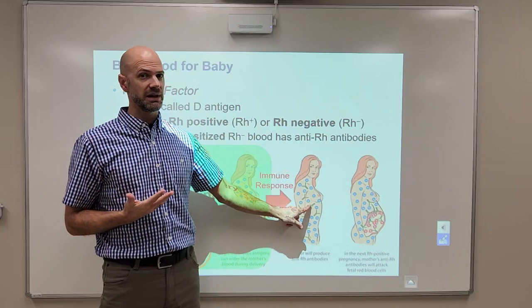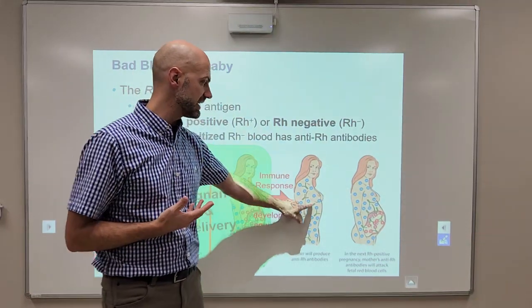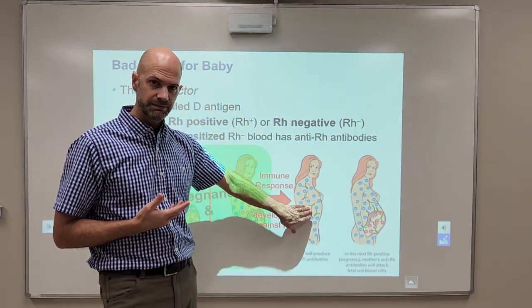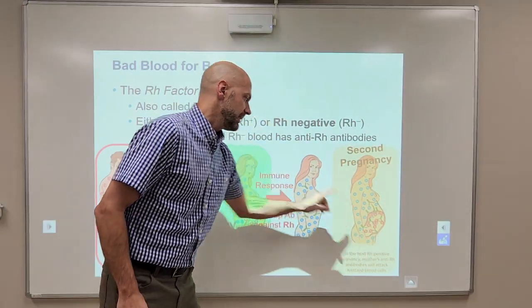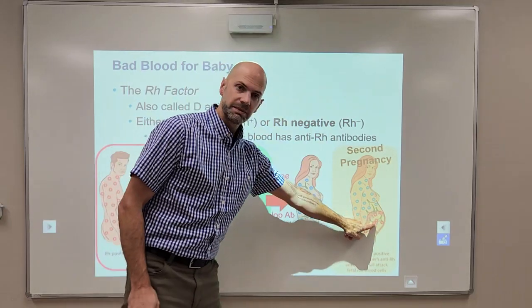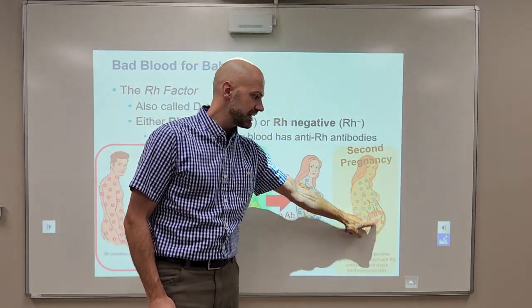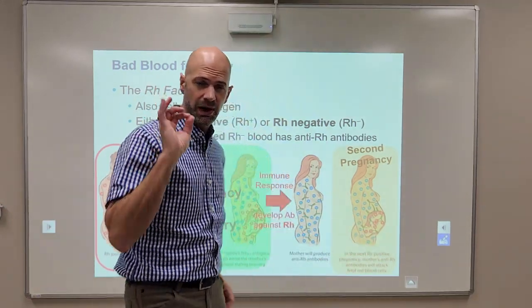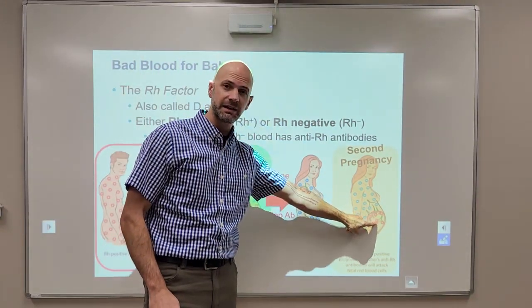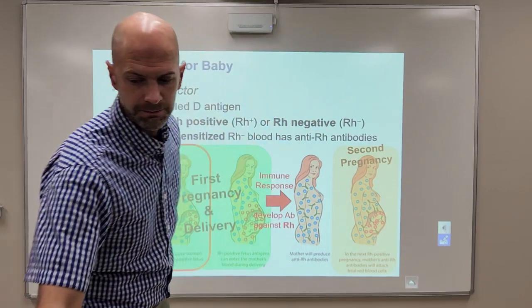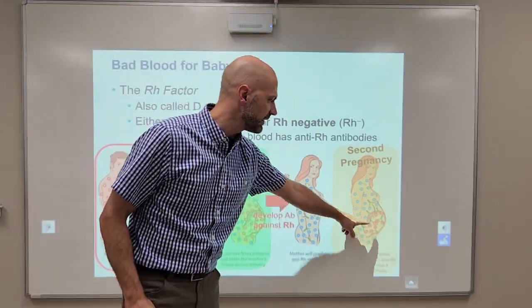And so mommy is now carrying antibodies. So for the second pregnancy, okay, if we again have daddy giving the RH factor, that second pregnancy has a potential problem, right? Because now mommy has antibodies that could attack the foreign RH factor.